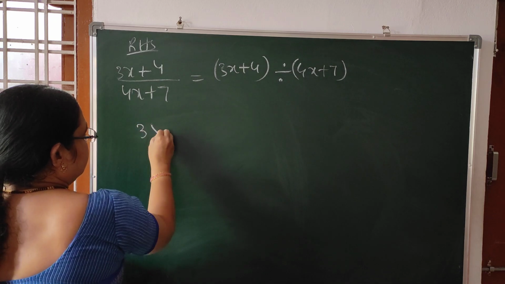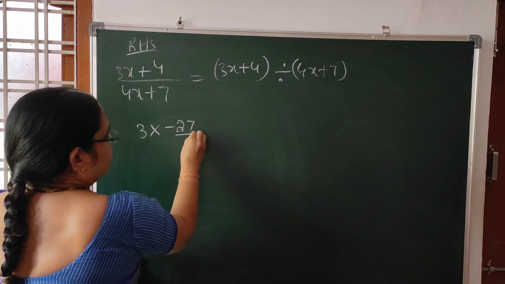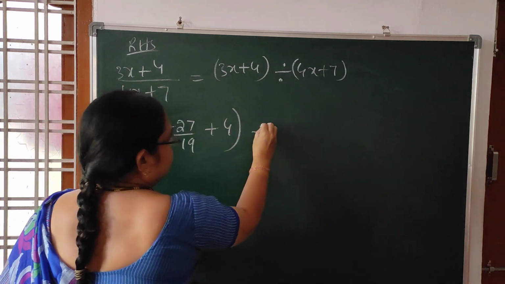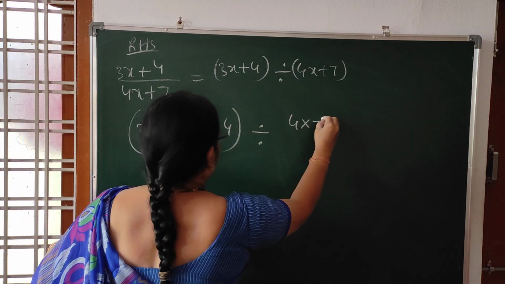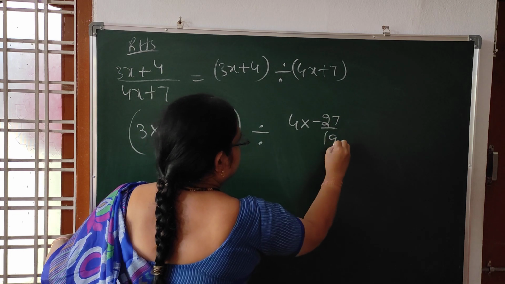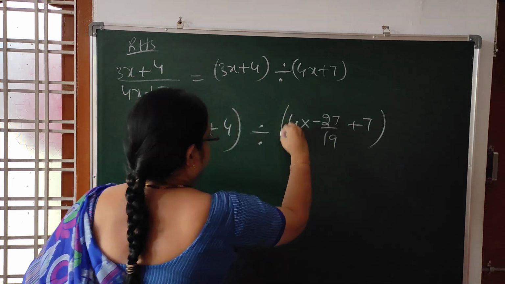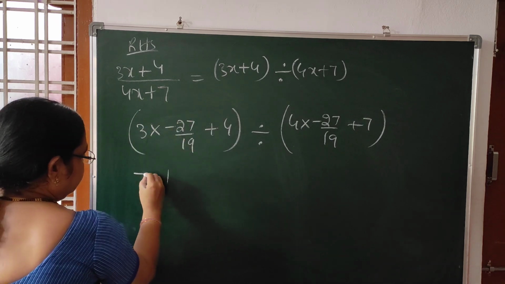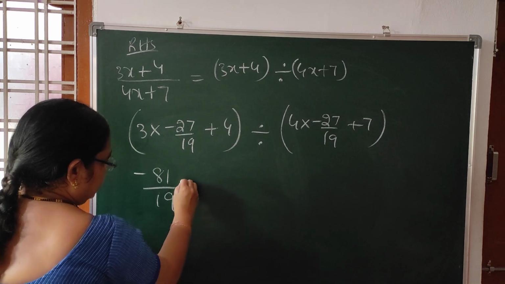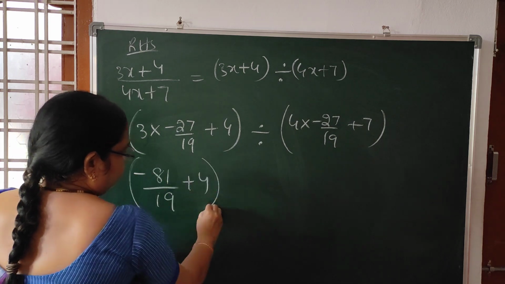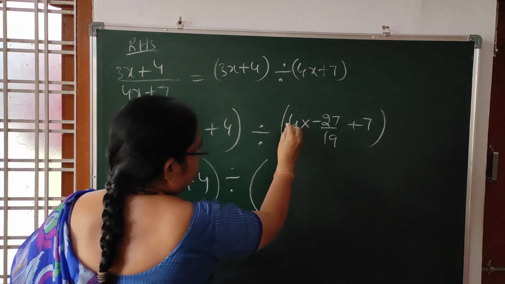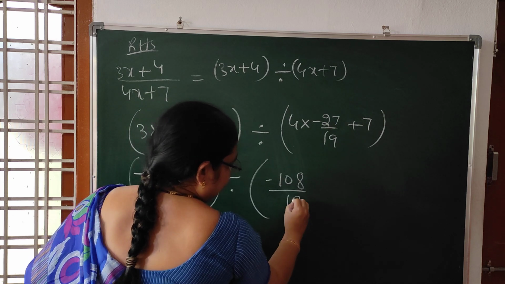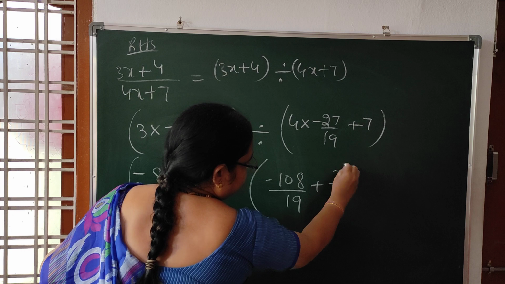Minus 27 by 19. 3 into minus 27 by 19 plus 4, divided by 4 into minus 27 by 19 plus 7. So this is 3 sevens are 21, minus 81 by 19 plus 4, divided by 4 sevens are 28, minus 108 by 19 plus 7.